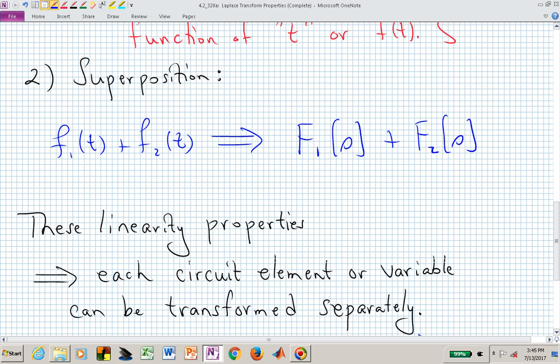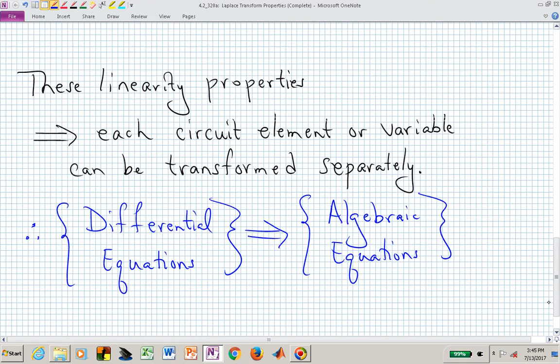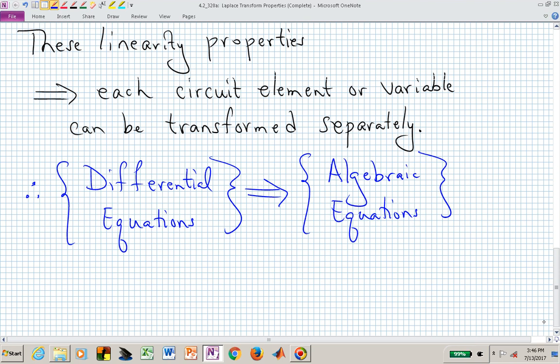And that's convenient in circuit analysis because it allows us to take these differential equations, and we will subsequently learn how we can actually move the circuit immediately into the frequency domain, or translate that time domain circuit into a frequency domain equivalent circuit, solve that circuit in the frequency domain, and then back out the results into the time domain.